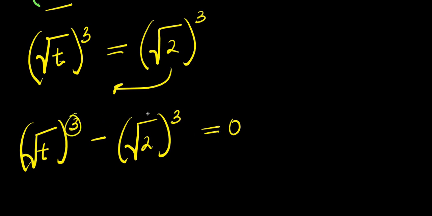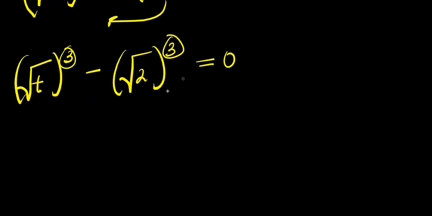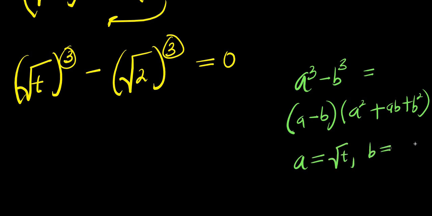Now, you have power 3 here and power 3 here. I can expand this using this identity. If you have a power 3 minus b power 3, this equals a minus b times a squared plus ab plus b power 2. In this case, a is root t and b is root 2.